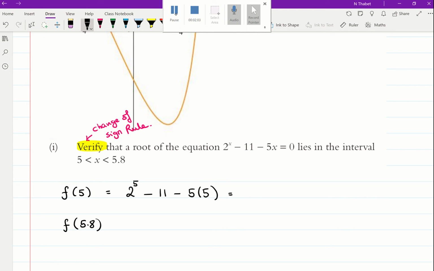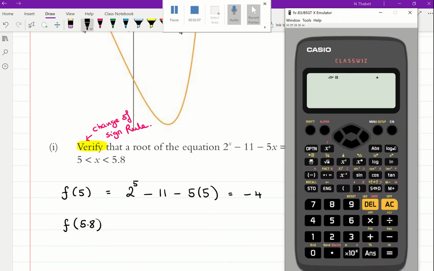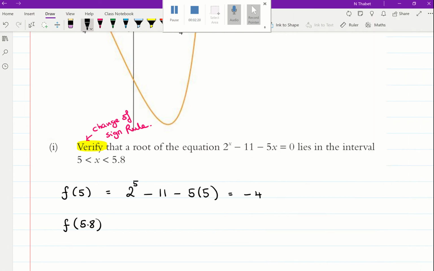That's going to give me negative 4 once you put it on your calculator. So 2 to the power of 5, you're using this button, and then minus 11 minus 5 times 5, and it gives minus 4.